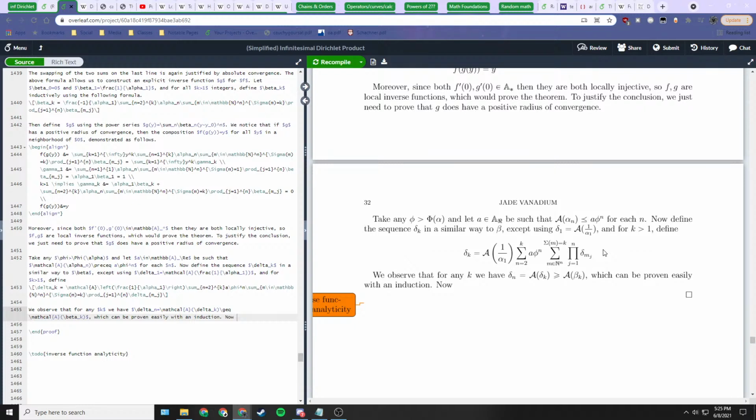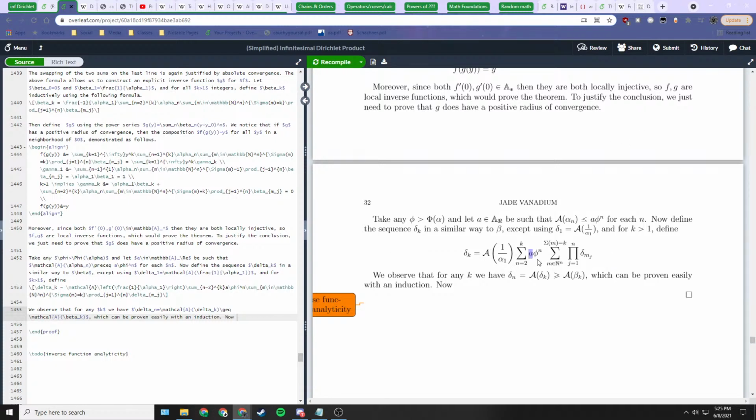Like, for example, maybe we can, so we do get this A of 1 over alpha 1.